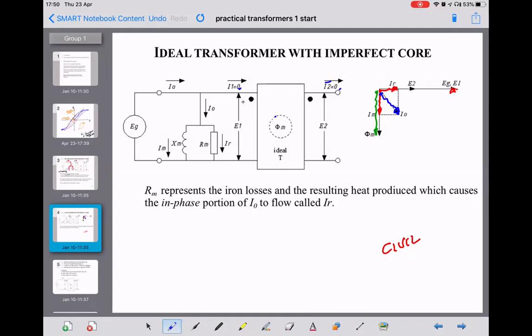And then XM, the current through there is the current that's flowing to give you the magnetic field in the primary coil.